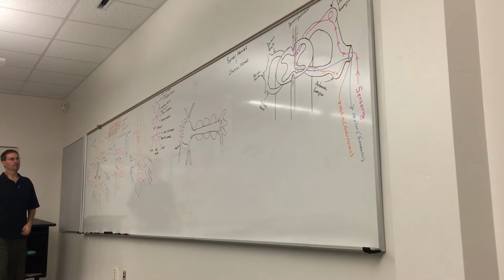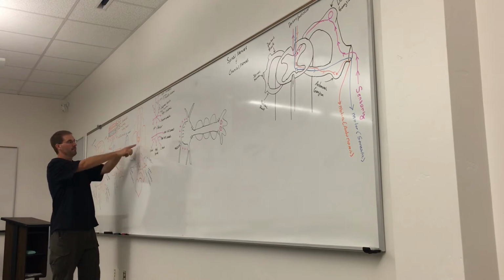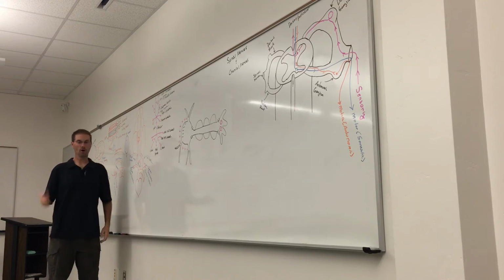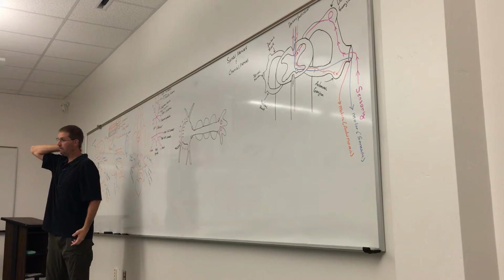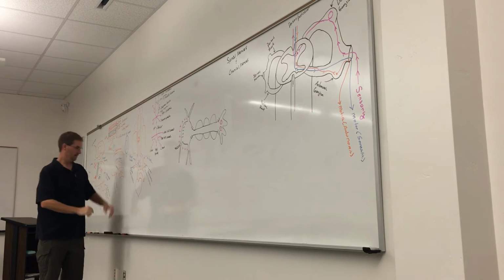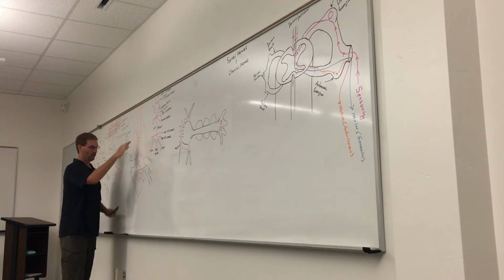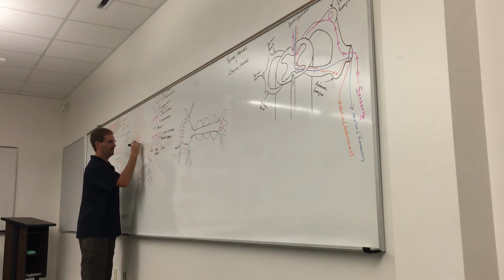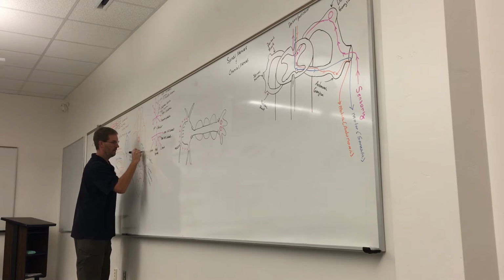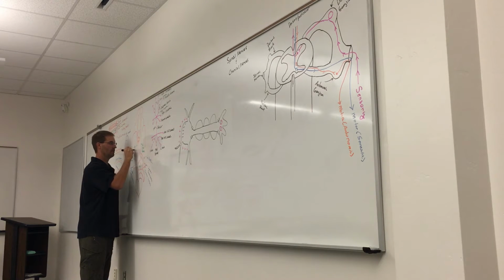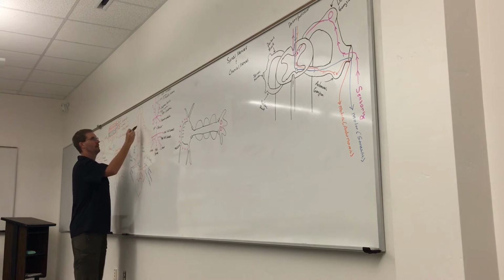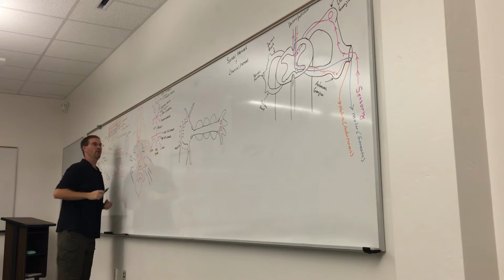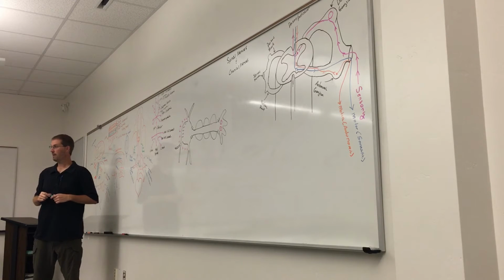So the vertebral arteries enter at the back of the brainstem, behind the brainstem, if you will, and the internal carotids, which are these here. So I've got the left internal carotid and the right internal carotid. They come up here in front of the brainstem. You guys okay with that?